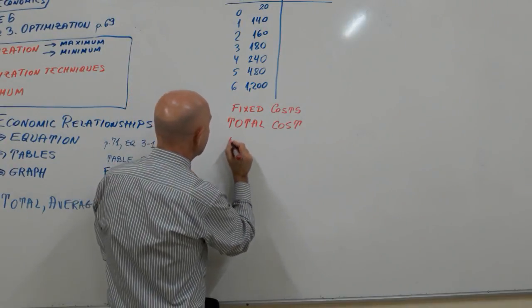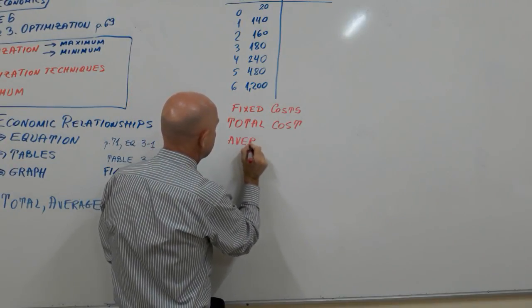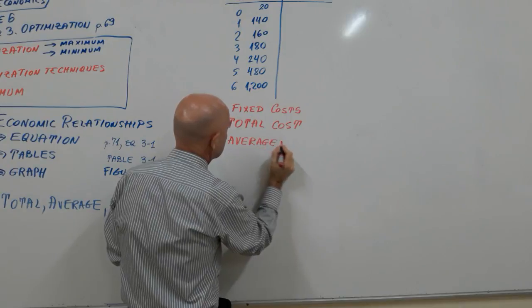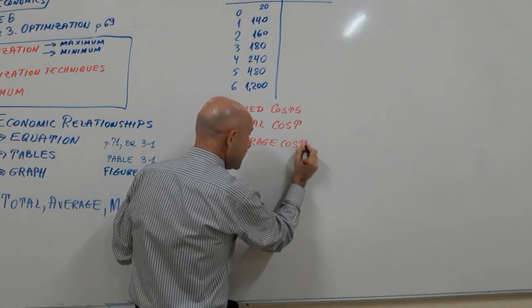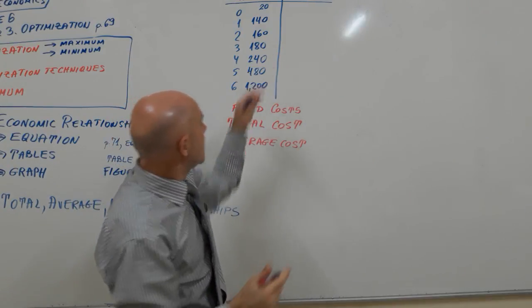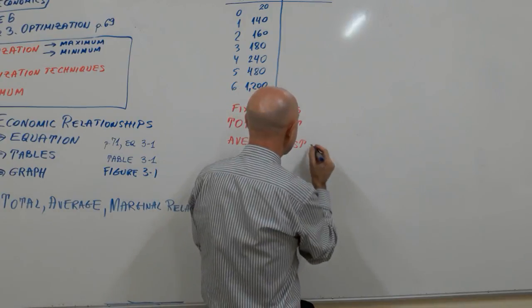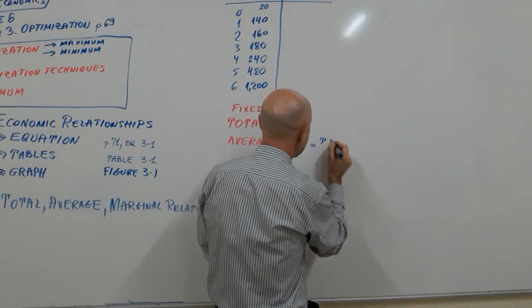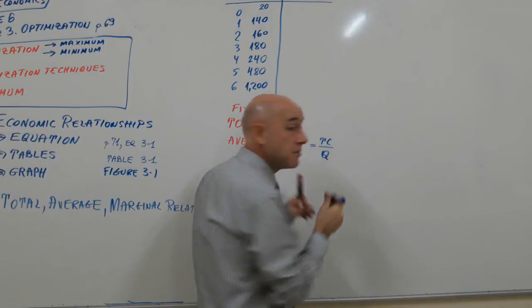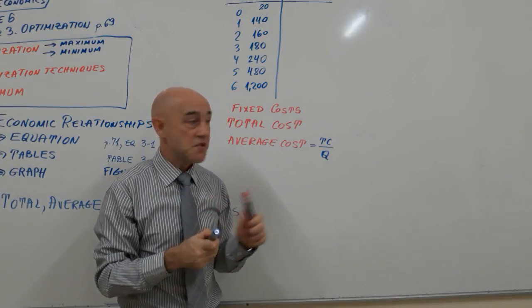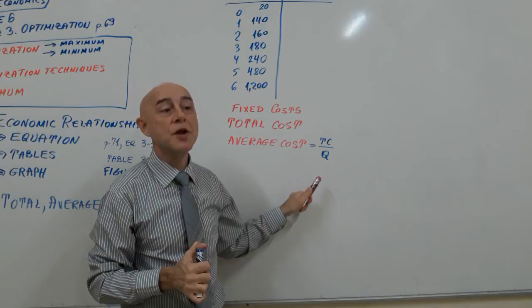Now, average cost. You take the total cost and you divide it by the number of units, meaning the quantity.